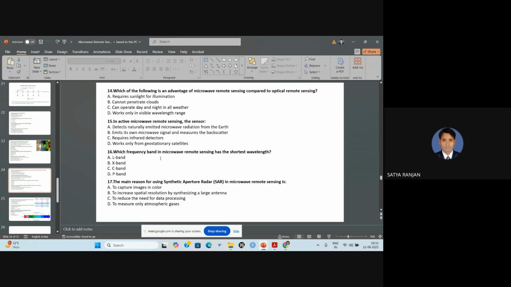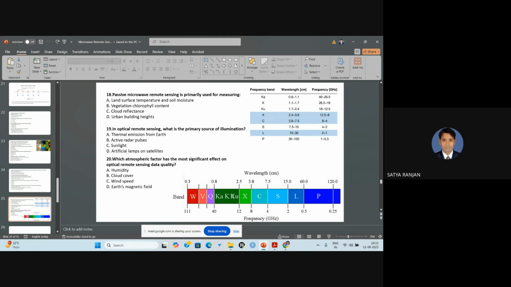Which frequency band in microwave remote sensing has the shortest wavelength? So these are the wavelength bands: L, X, Ku, K, all these bands are there. So X is the shortest, because this is the band and this is the wavelength in centimeters.